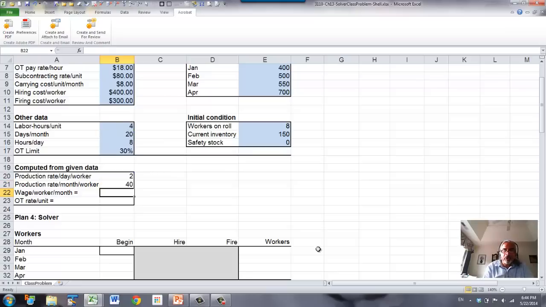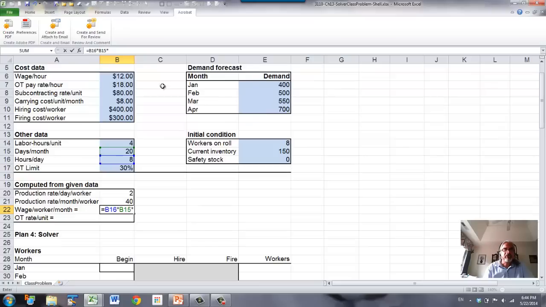Now, wage rate per worker per month. So we have 8 hours and 20 days per month. Okay, so that's the total number of hours multiplied by the wage rate. Wage rate is done. Remember, when you do the modeling, you have to set this up with formulas.